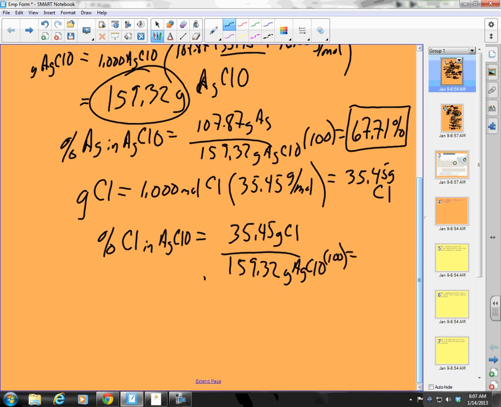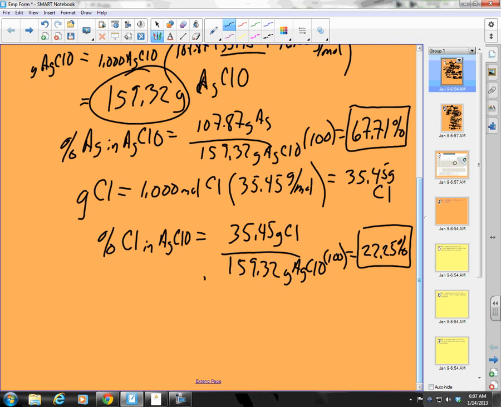And what do you think that is? Okay, 35.45 divided by 159.32 times 100. And I get 22.25%, right? Good. And the rest must be oxygen.